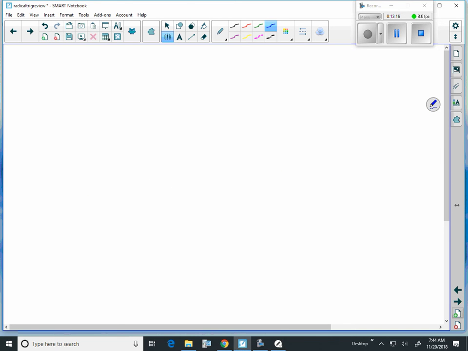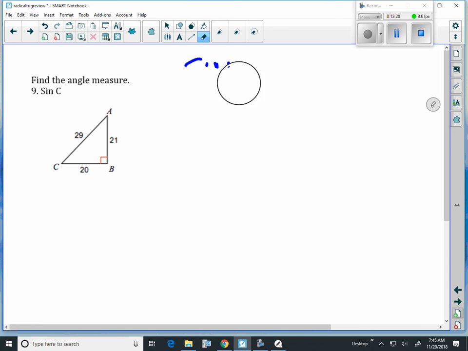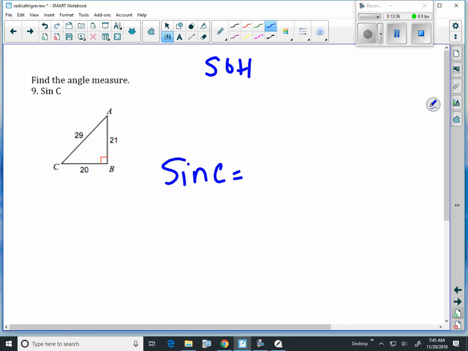So if we look, we're going to do the sine of C. So sine, that's the SOA part. Sine of C, this is how we write this. Sine C equals... Now, if we look at side C, we want the opposite O over the hypotenuse.